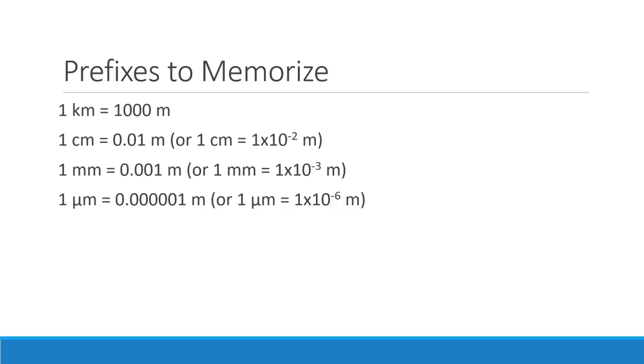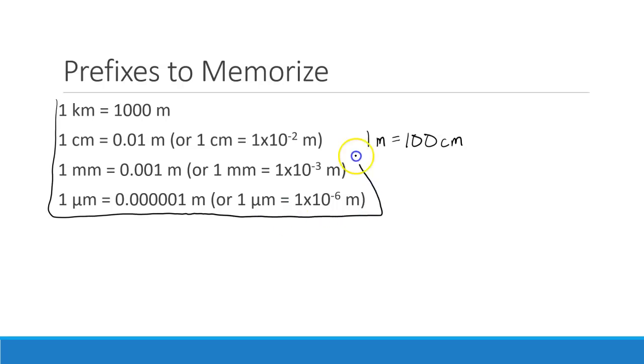Now, you don't have to do this, right? Sometimes when you look at the conversion factors in certain tables, and we'll see it later in this video, you may see 1 meter is equal to, say, 100 centimeters. Okay, so be ready to see them listed either way, but my recommendation to you is to memorize them as they are written here.